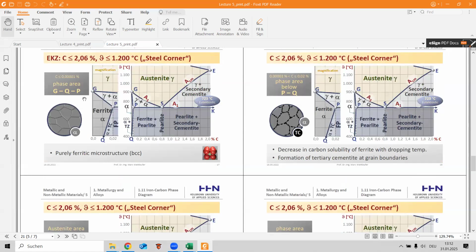Here we have GP, which is alpha crystals with critic microstructure. What is it?